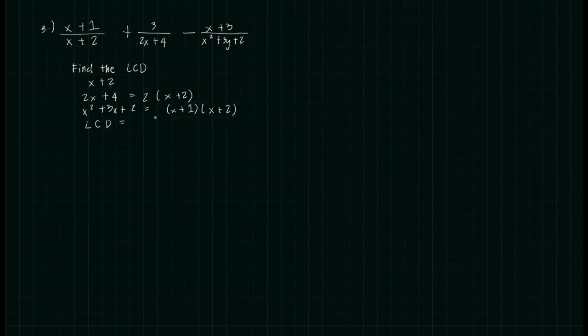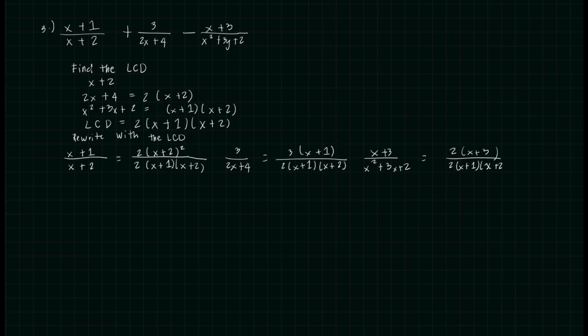As we expand it, our least common denominator is 2x plus 1, x plus 2. Step 3 is rewrite each fraction with the least common denominator. After rewriting it, let's simplify the numerator. Then, expand it carefully.